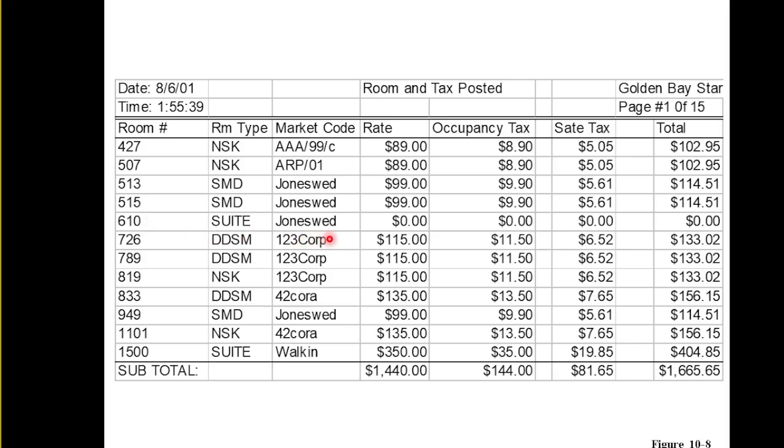Okay, this one, Jones Wed, is basically a wedding group, here 513, 515, and 610. Then 123 Corp is actually a corporate account. Really depending on the code of the hotel, depending on the operations, and it must be agreed by the owner of the hotel. So really it depends on how you are going to have the market code, which includes the approval of the officials of the hotel.